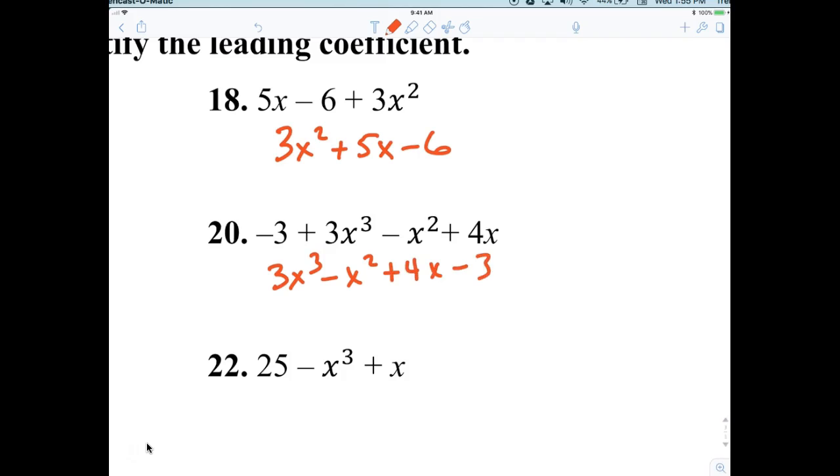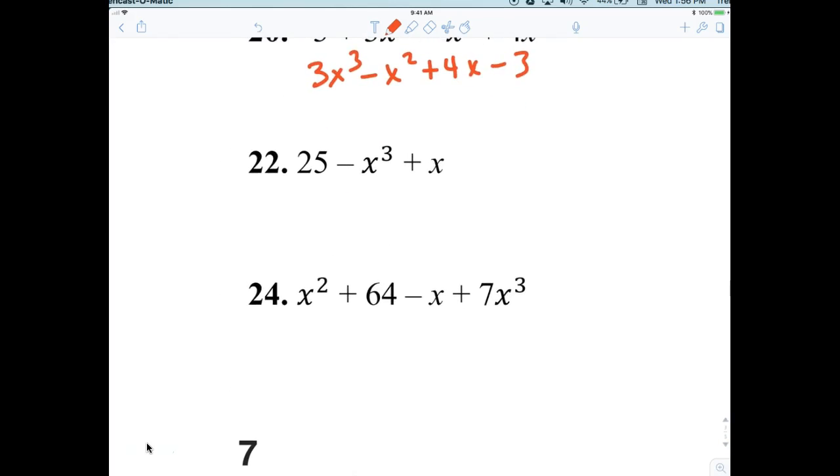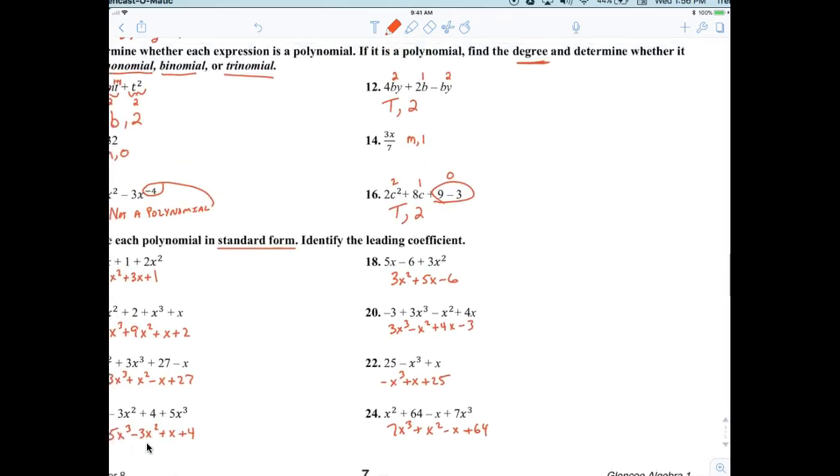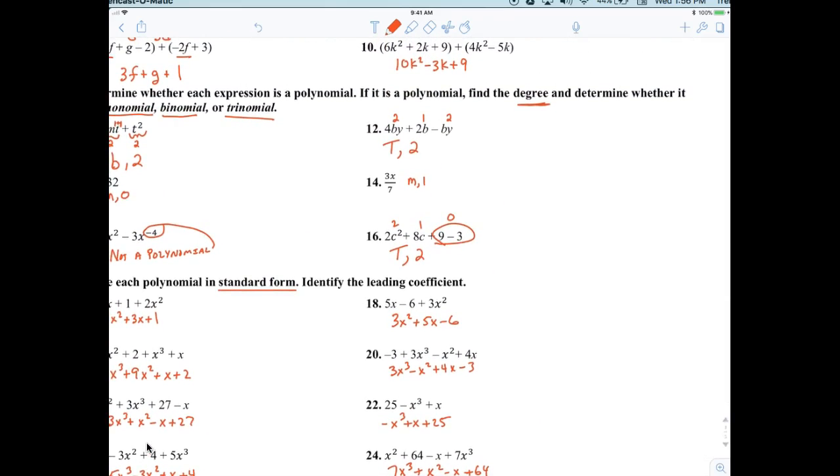Easy, easy. And let's take a look at 22. x cubed plus x plus 25. And finally, 7x cubed plus x squared minus x plus 54. Does everybody agree? Everybody see, simple, simple.